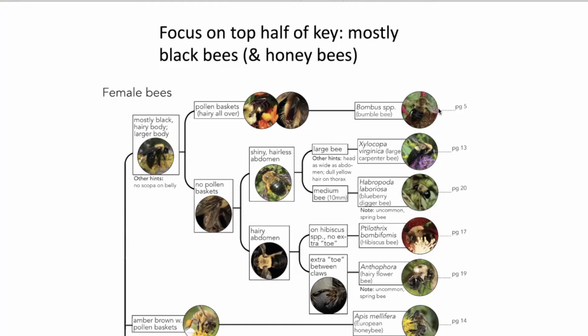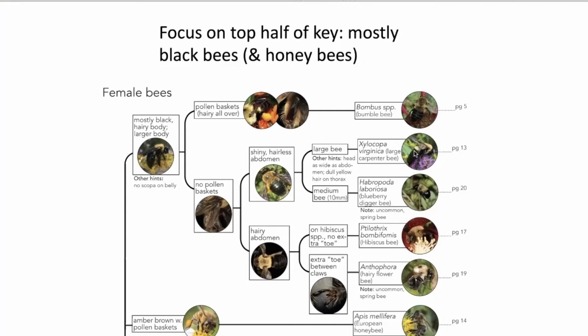So we have Bombus, and I guess how this key works is you figure out where you're supposed to go, say Bombus, and then this takes you to page 5. And if you look in that Shutterbee guide, if you go to 5, this is where the bumblebees start, and then you could flip through them. You could also go from the Bombus species to the whole bumblebee key we have, because we have one.